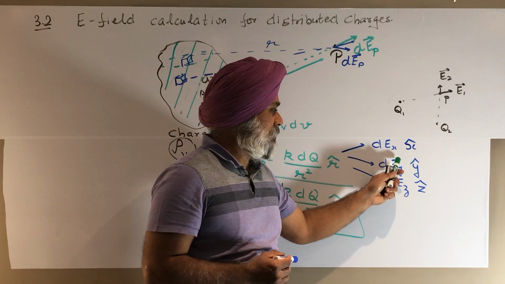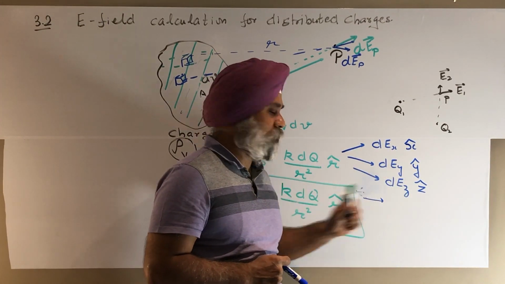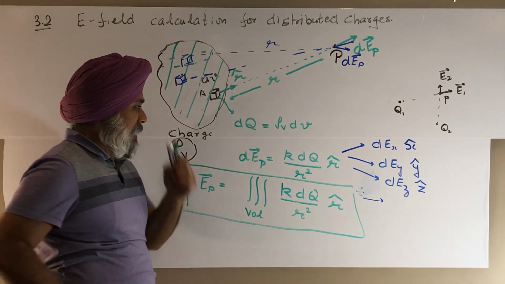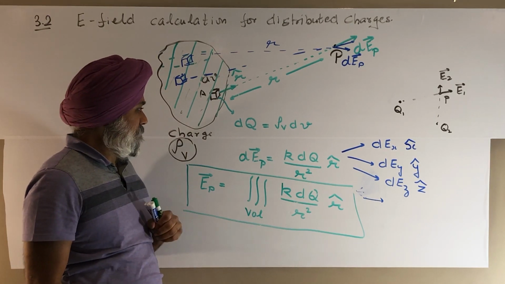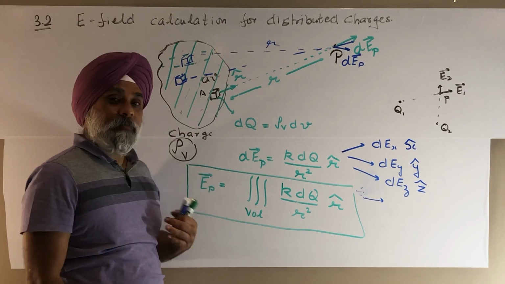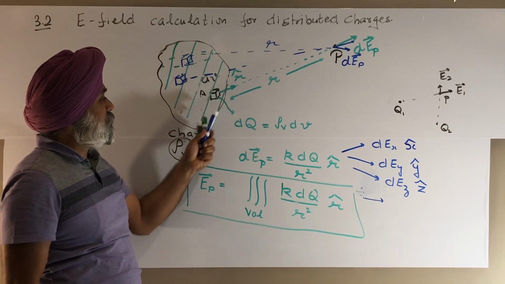When we do y hat, everything remains in that y direction, so we can do this integral, and so forth. Same for z hat. But there is an issue here, and what I'm saying right now will become clear as we do the examples. How do we choose the coordinate system?